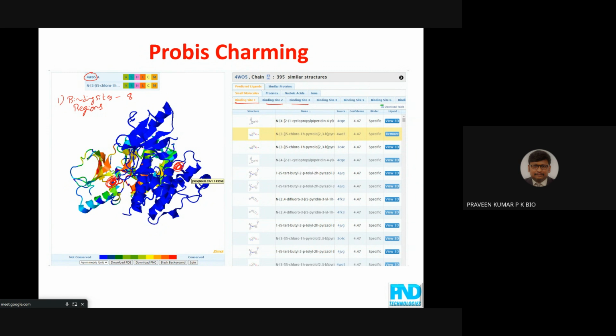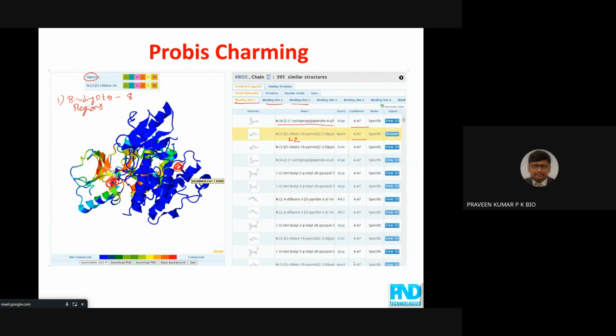For each and every binding site, it shows which ligand from the database of compounds can bind perfectly. If you see here, this compound is binding effectively in binding site 1 with a higher confidence score. Next to that is ligand 2, which is binding with this specific site.